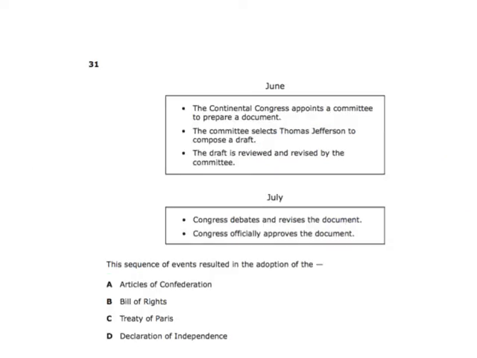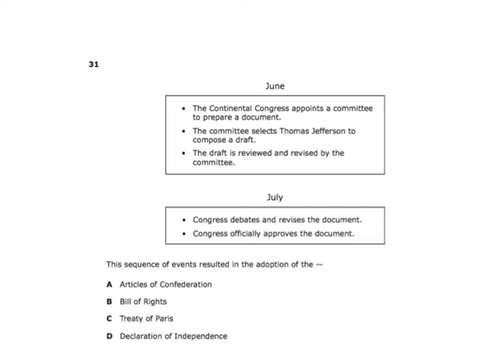June, the Continental Congress appoints a committee to prepare a document. The committee selects Thomas Jefferson to compose a draft. The draft is reviewed and revised by the committee. And then in July, Congress debates and revises the document. Congress officially approves the document.